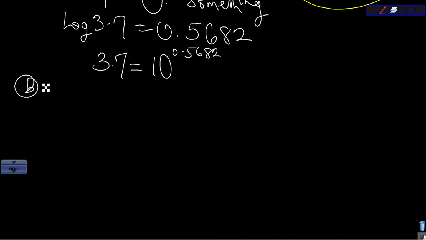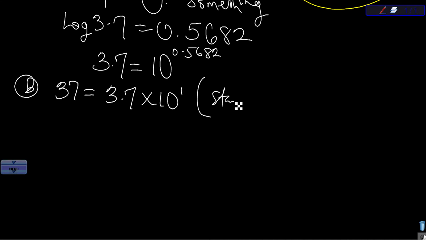Alright, let's now try to understand what the log of 37 will be. 37 is the same thing as 3.7 times 10 raised to the power 1. This is the standard form, the scientific form.